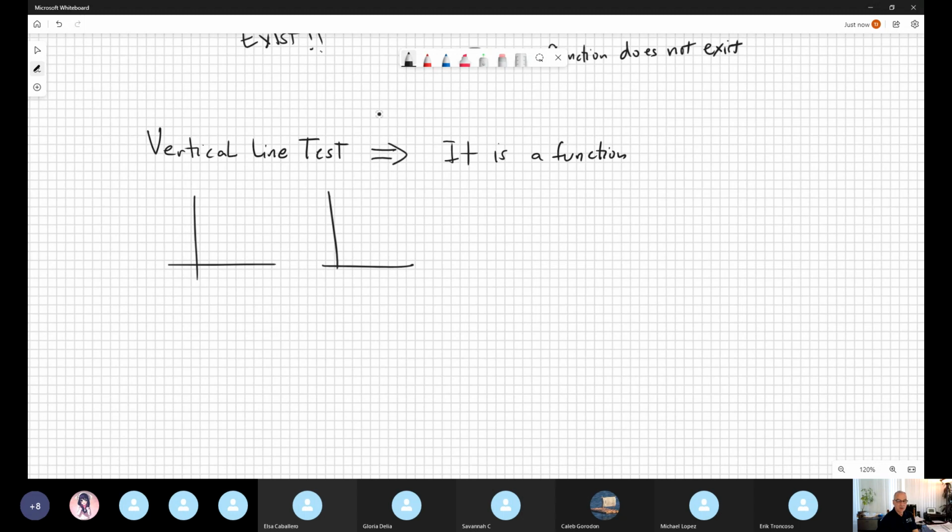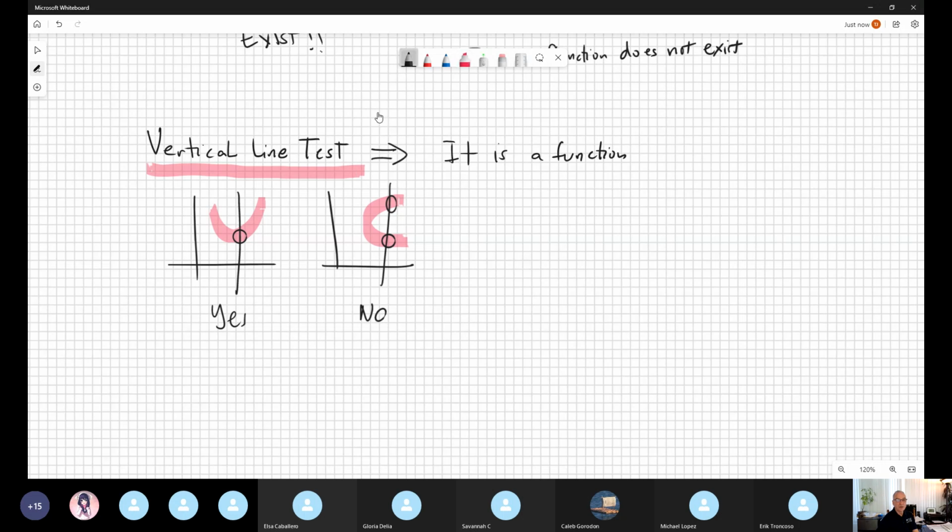Let's see quickly. Suppose we have one graph like that, boom, and one graph like that, boom. Now you apply the vertical line: crossing 1 point, or crossing 2 points. This is yes, and this is no. This is the vertical line test.